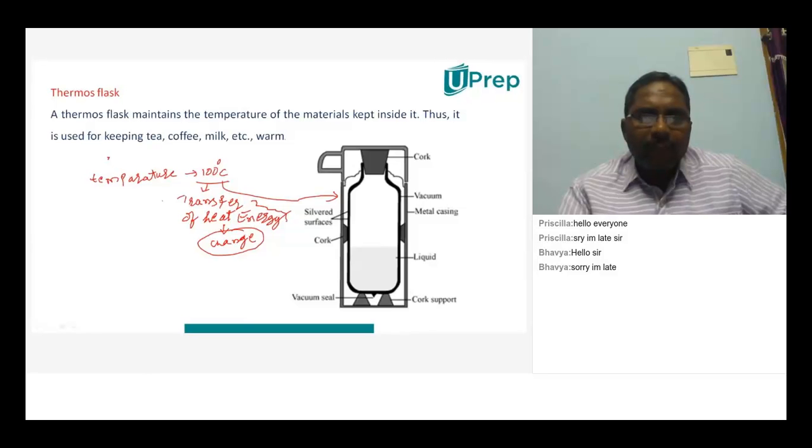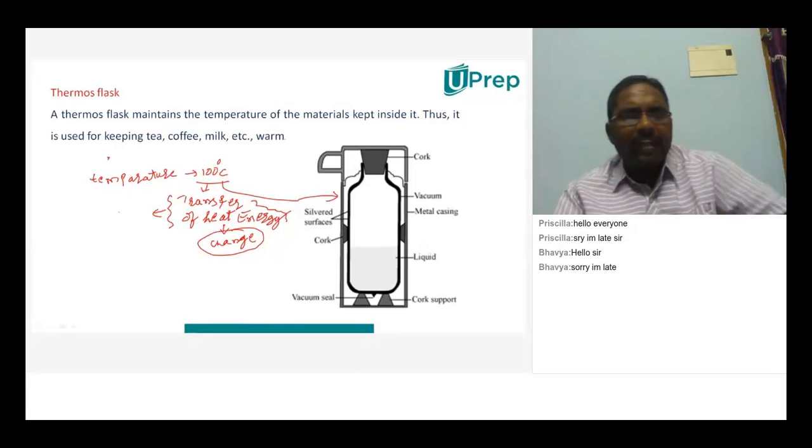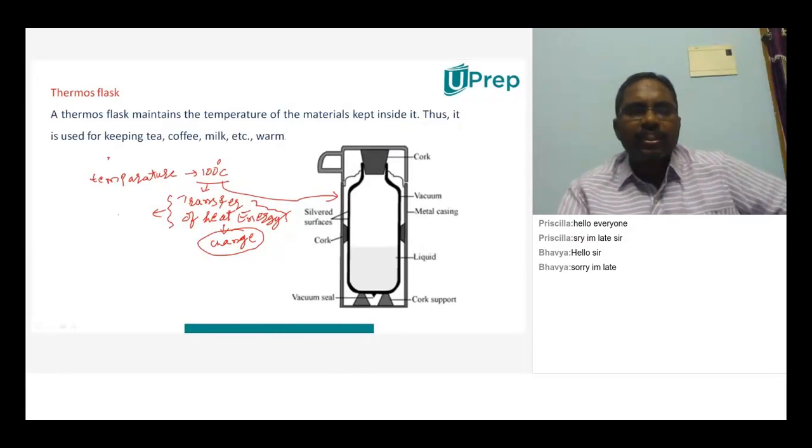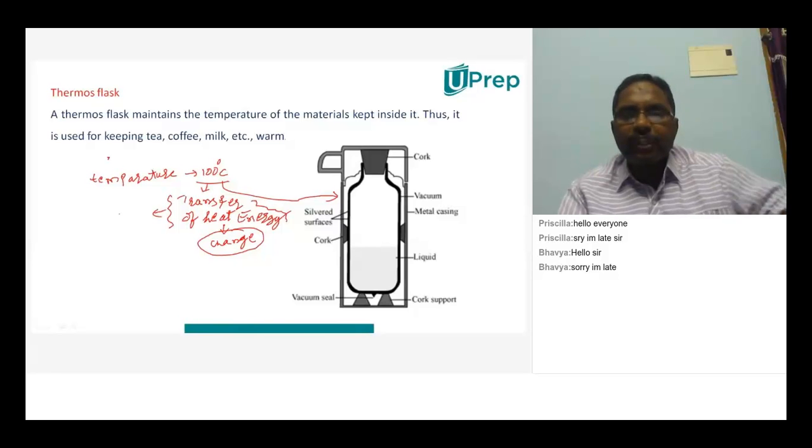How many ways are there for transmission of heat energy? Three ways: conduction, convection, and radiation. Here, in none of these manners must heat energy flow in the thermoflask, isn't it? So that's why the construction of the thermoflask is like that only.